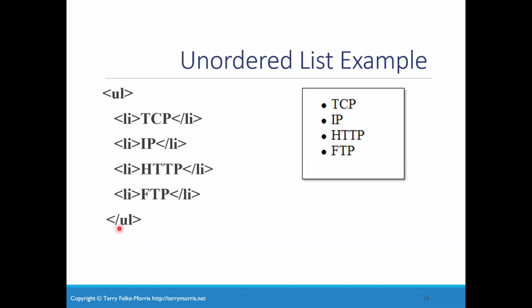Now, in between the UL, each of your list items is wrapped in an LI element, with LI opening and LI closing. So TCP will display like this, then IP will also come, and HTTP will also come. If you write this code in your document and view it in your browser, it will list them like this. If you want to list items like this, this is how you write it.